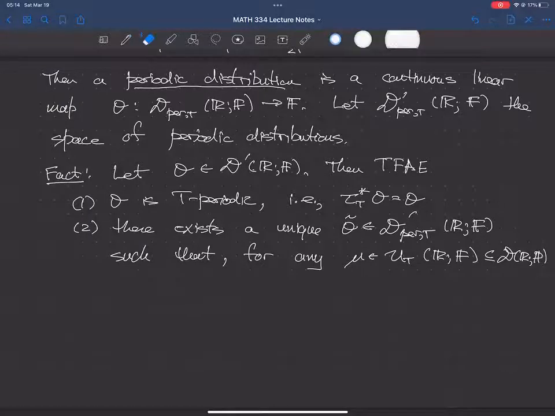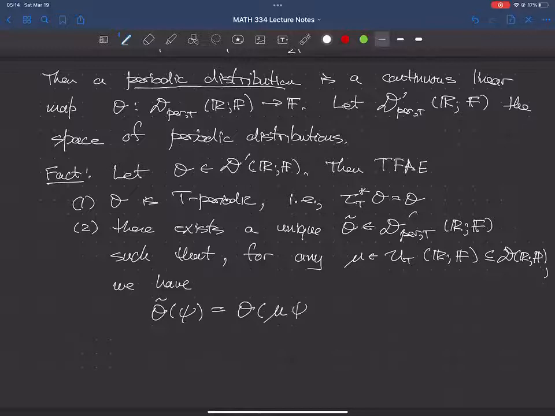Okay, such that for any such mu, we have, okay, theta tilde of psi. All right, so my convention is that psi's are periodic, and this is going to be equal to theta applied to mu psi. Okay, and this is true for every periodic psi.